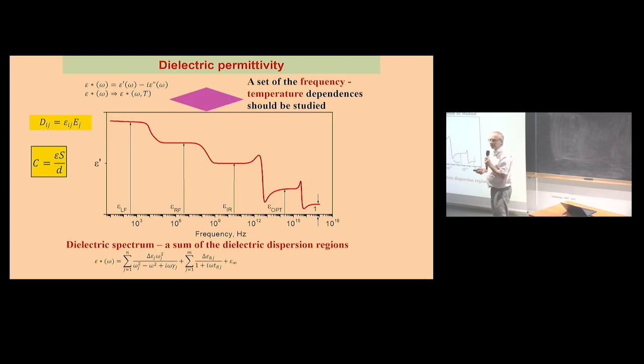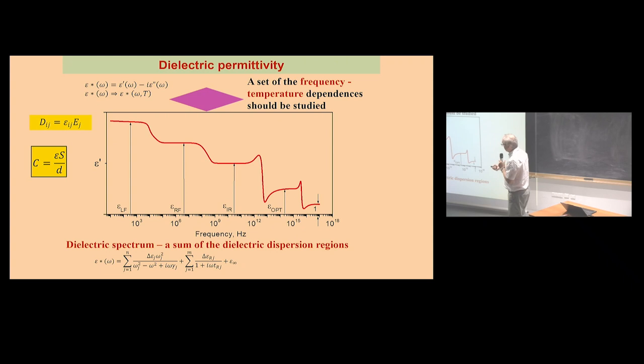It's a complicated function of frequency and also strongly temperature dependent. Therefore, if you would like to understand, let's say, permittivity in the kilohertz region, you should measure the whole frequency range to understand where this permittivity is coming from.